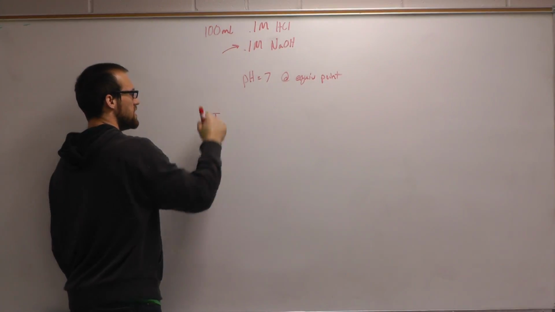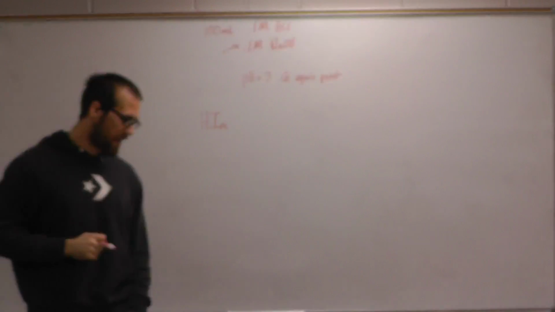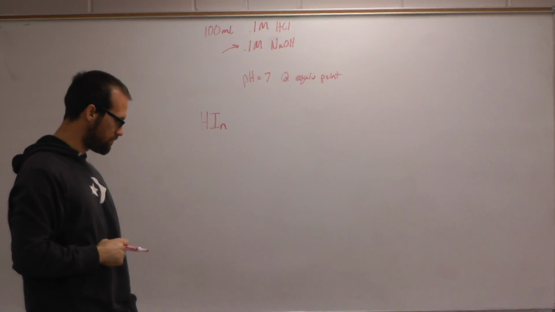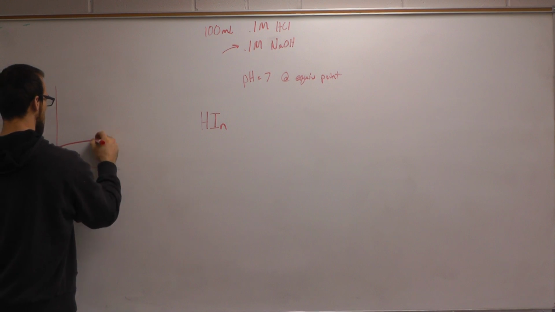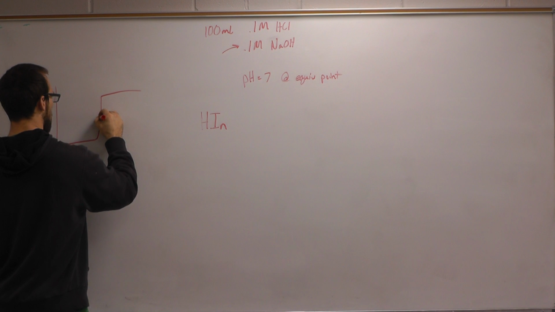But as we continue to add more OH, some of this acid form of the indicator will be converted to the basic form of the indicator. So the pH will change rather slowly at first because of our pH curve that we're used to, and then we'll see a huge upswing with our indicator in the middle.